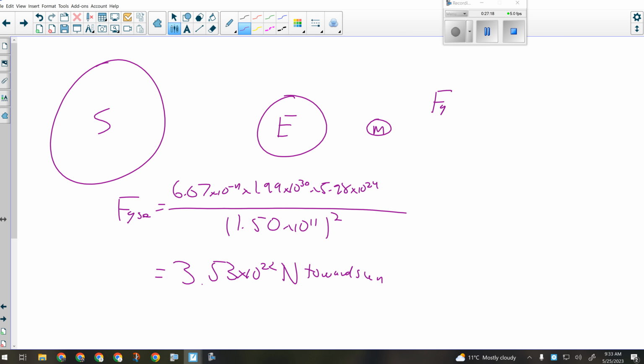Then I have to do the same calculation for the Earth and the moon. So force of gravity between the moon and Earth: 6.67 times 10 to the minus 11, times 5.98 times 10 to the 24, mass of the Earth, times 7.36 times 10 to the 22, and then divided by 3.85 times 10 to the 8, and that number has to be squared.